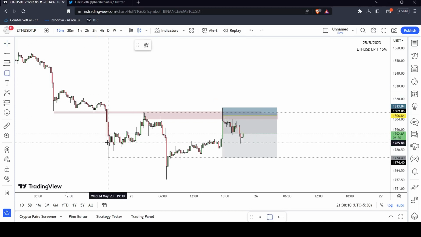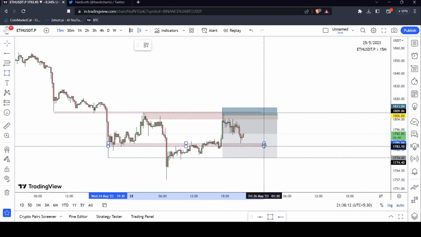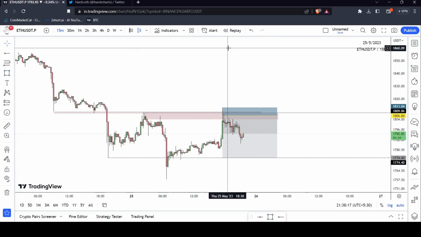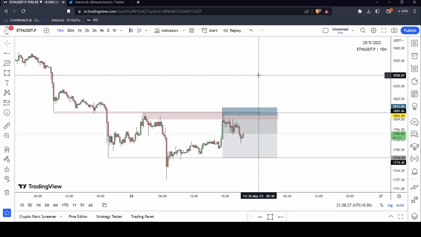And your second target will be the support area. Clear? I hope you all are clear with this, and I just want to recap one more time, and after that I'm going to stop the video and upload it on the YouTube channel. So again, we will mark swing highs and swing lows.